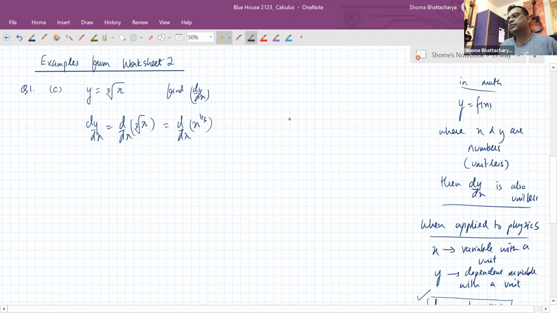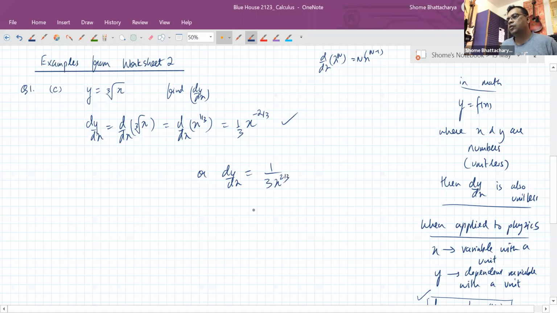And then we can just use that formula for differentiation of x to the power n is nx to the power n minus 1. So just replace n with 3. So this becomes this. So we can leave the answer this way also, or we can simplify it further and write it as this.